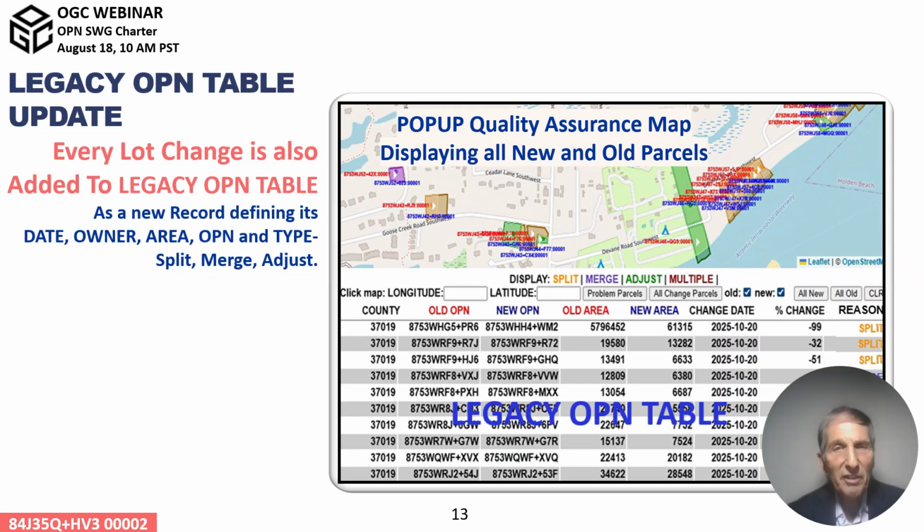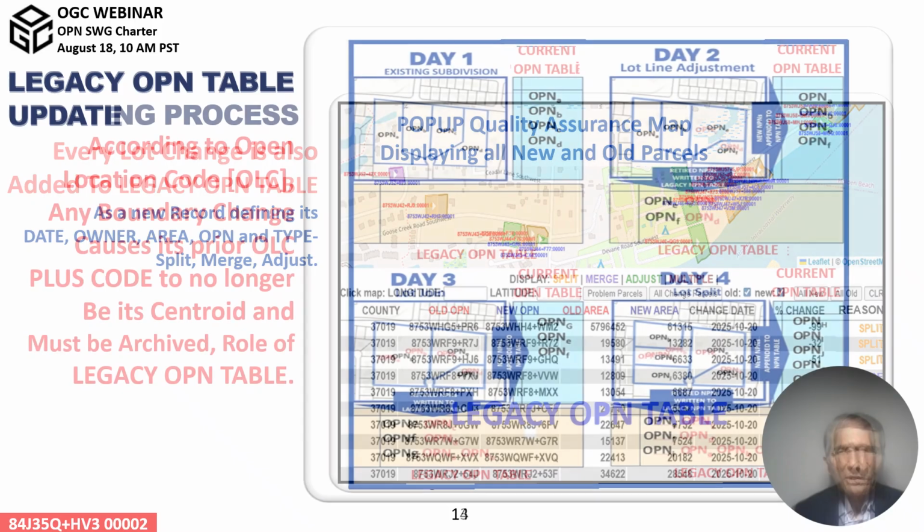Every such change is also written into the legacy OPN table as a new record defining that change's date, owner, area, OPN, and type, be it a split, a merge, or adjustment.